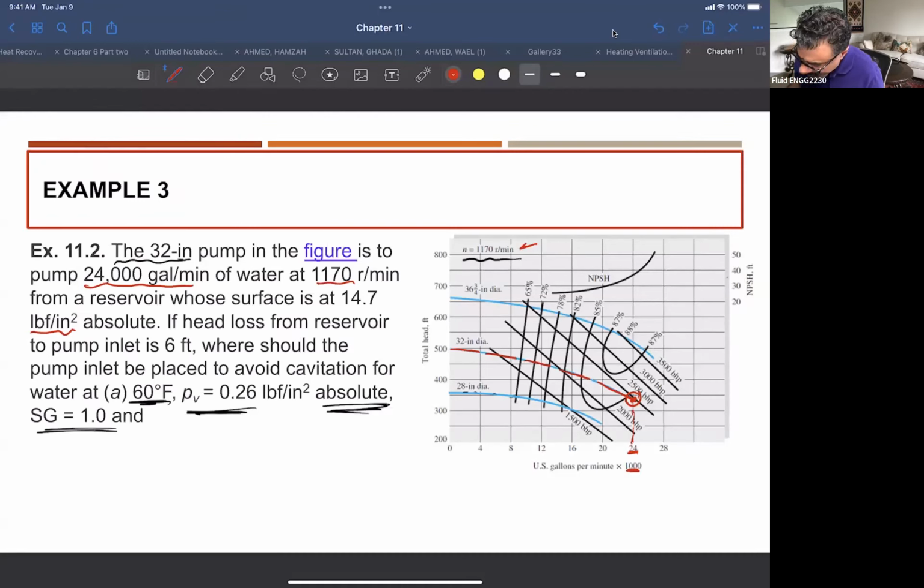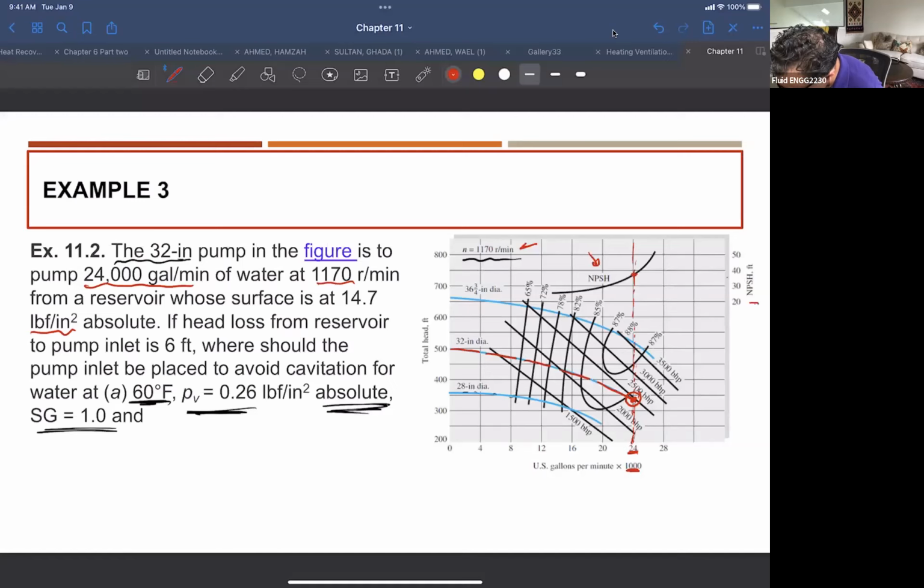Now, what can I do for the net positive suction head required by the pump? At 24,000 gallons per minute, if I extend this line here, at this location is the value for net positive suction head.